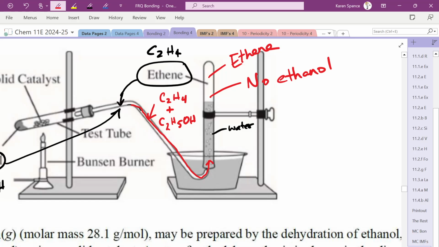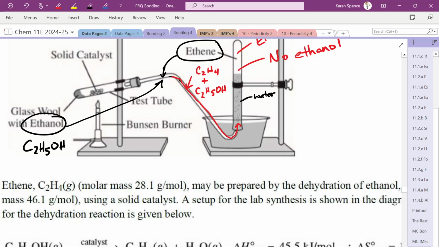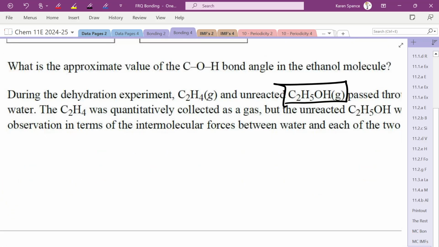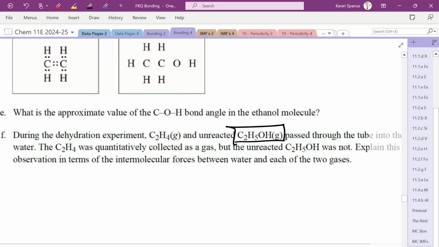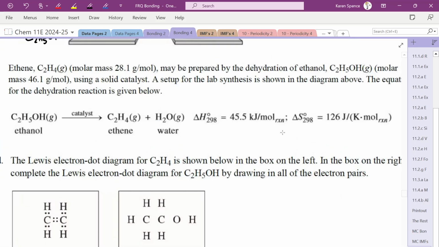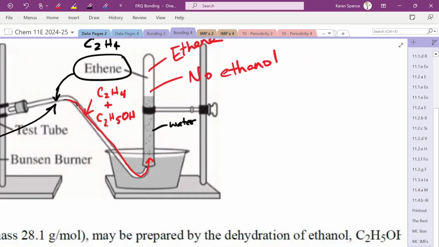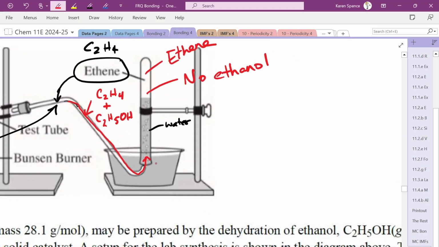They both bubbled into the water. The ethene ended up at the top, but the ethanol didn't. Why? I think that's what the question's asking. Let's make sure. Explain this observation in terms of the intermolecular forces between water and each of the two gases. What happened to the ethanol between here and here?